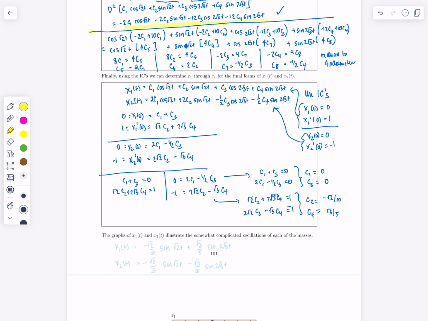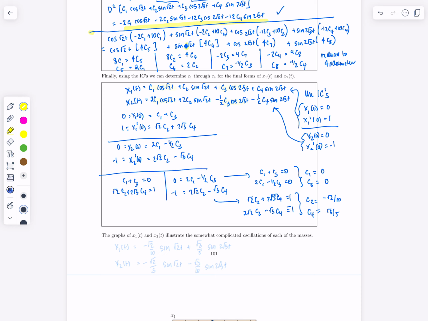So finally, what we have, amazingly, is we actually can write down now what we know the solutions describing the displacements are. Two of the constants are 0 and 2 of them are not. So the final form is the following.